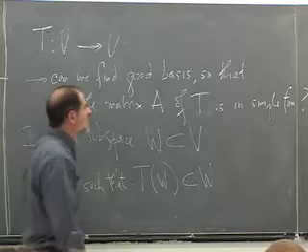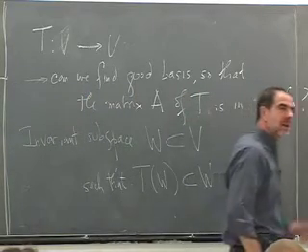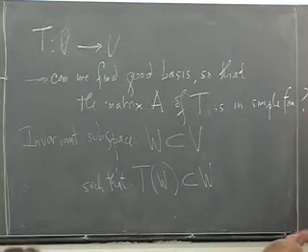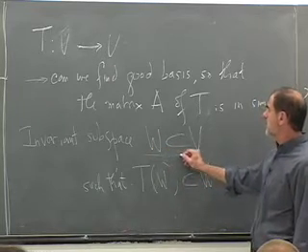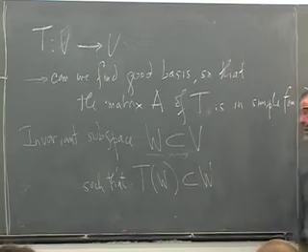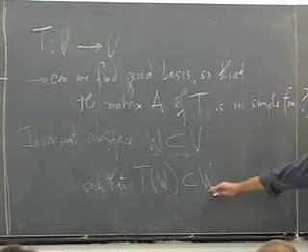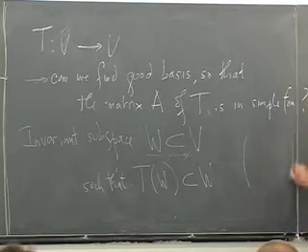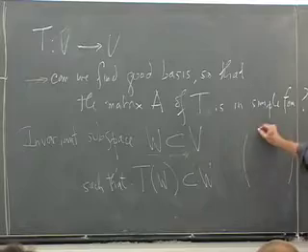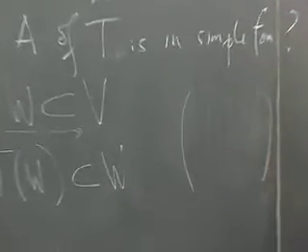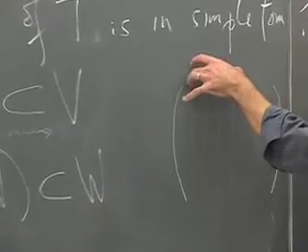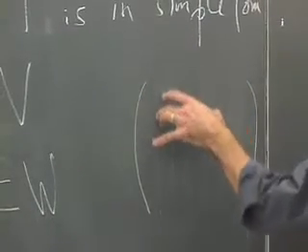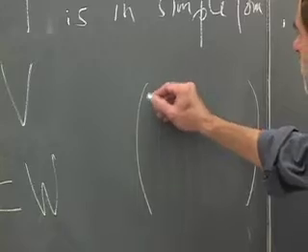Now, if you have an invariant subspace, you choose your basis so that you start off with basis elements of W, and then you complete them to basis elements of V. Then the matrix of T has a special form. Namely, if you start off with your first 4 basis vectors in W, the coordinates, when you transform them under T, lie in W, so only involve the first 4 terms. So you get a little square matrix here.